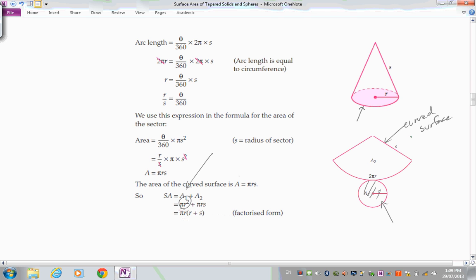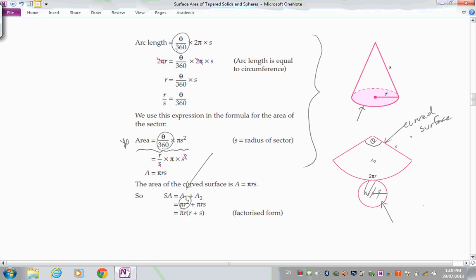And now the rest of this derivation here is trying to show you how to work out the area of the curved bit. Okay, well, let's have a look here. The area of the curved bit is theta over 360. Now, theta is an angle back at the beginning here, of the fraction of the circle you've got.